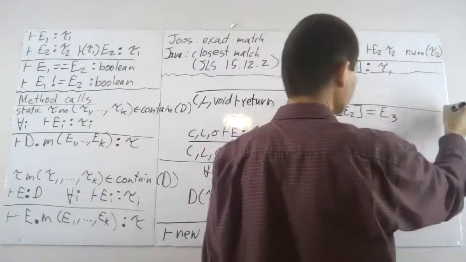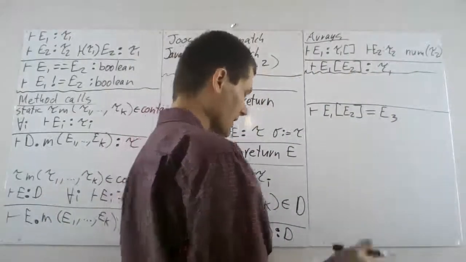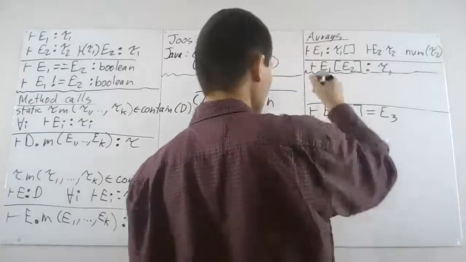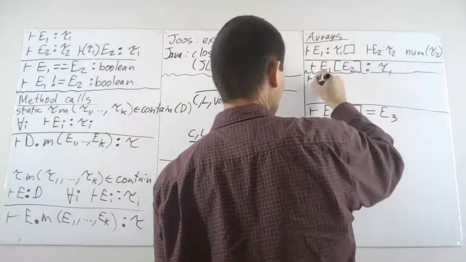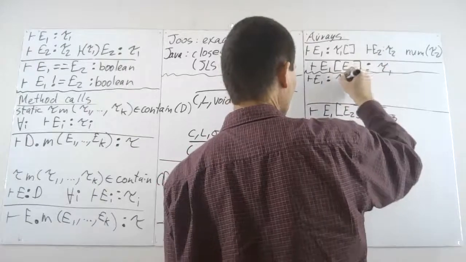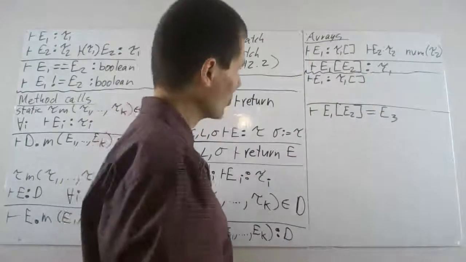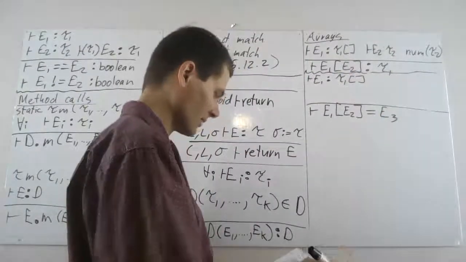So what are we going to do? Well, we're going to type check the three sub-expressions. E1, again, had better have an array type, so we'll say tau1 with square brackets, an array of tau1s.